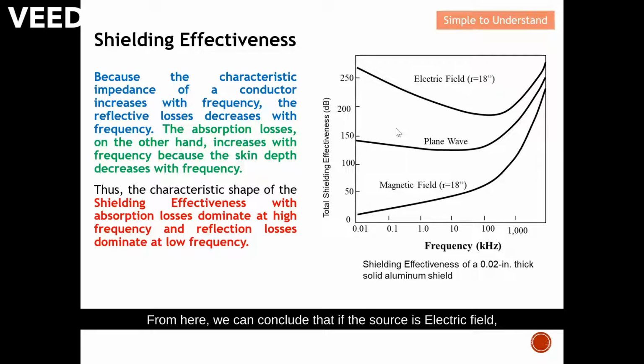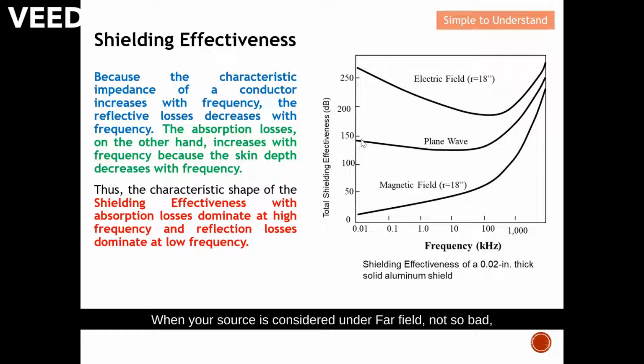From here, we can conclude that if the source is electric field, then you have an easier task to shield it, because when the disturbance noise is from electric field, you can have a good shielding effectiveness, which means this problem you can resolve much easier.